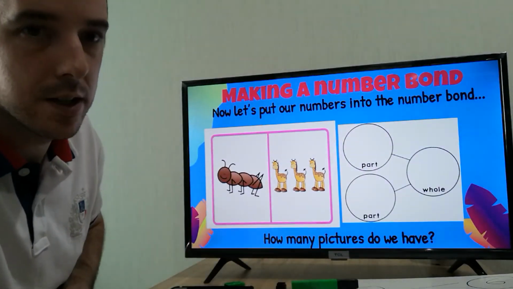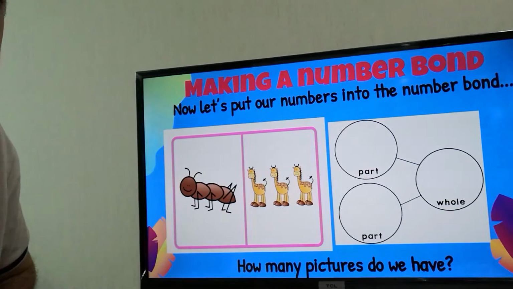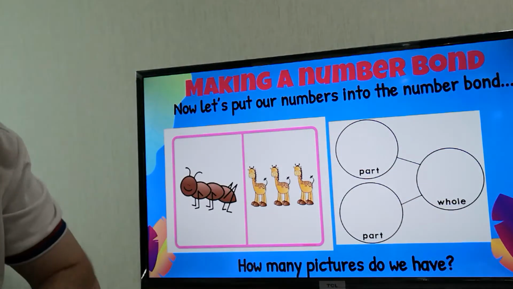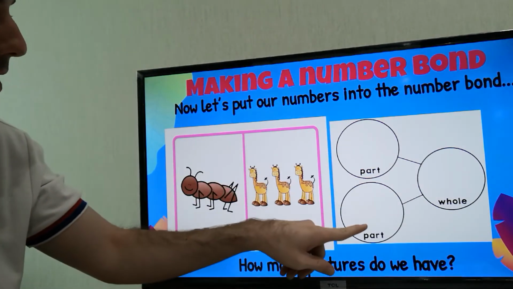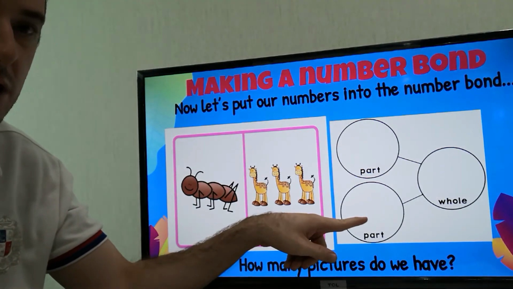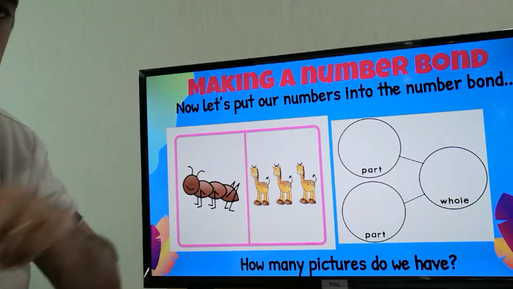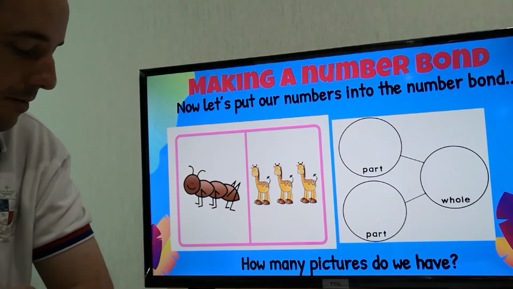Well, and I'll take you a little bit closer again, we could say this group, the whole number, is all the animals. This group is for ants and this group is for giraffes. So giraffes and ants together will give me how many? 1 and 3 together will give me how many?